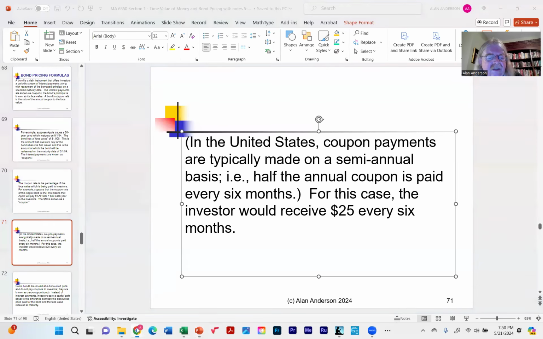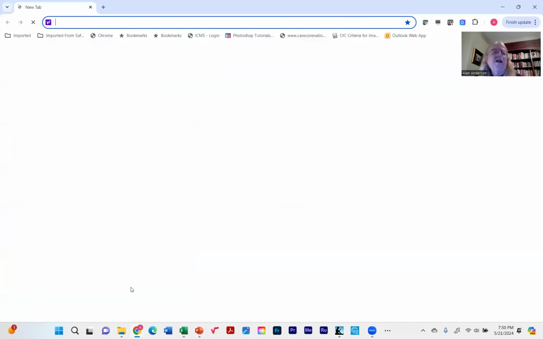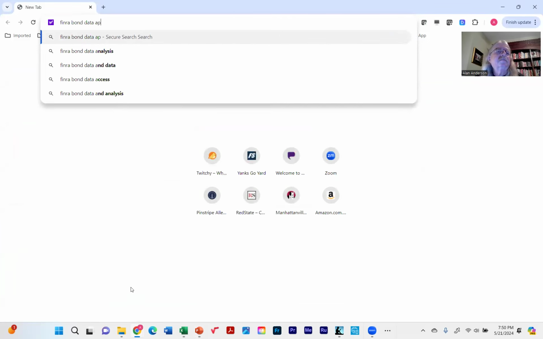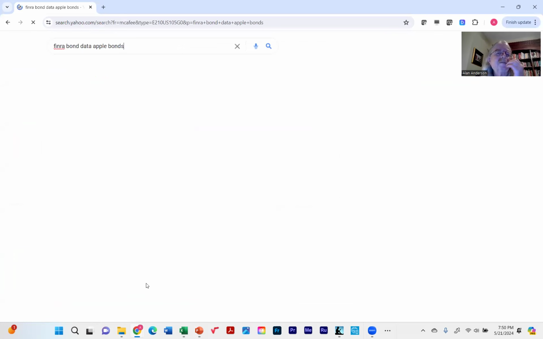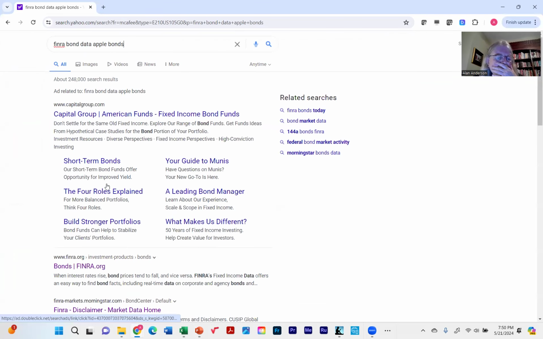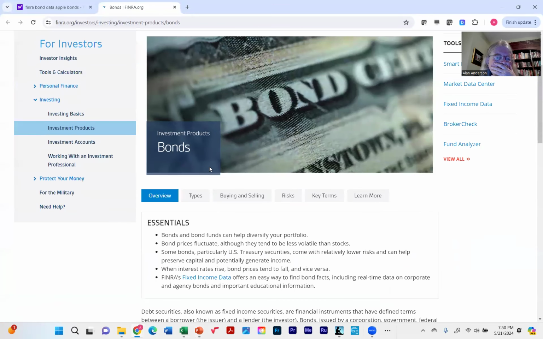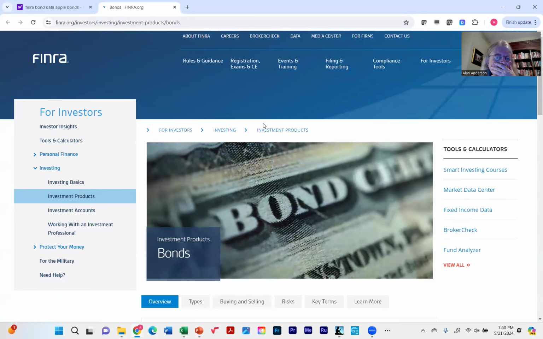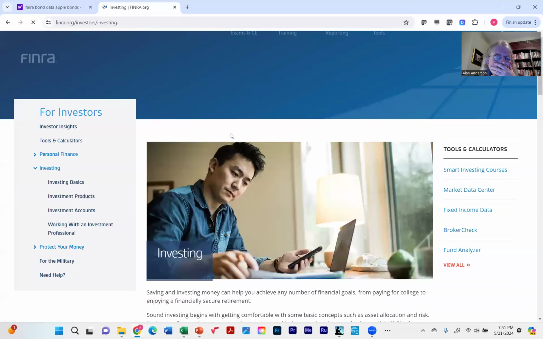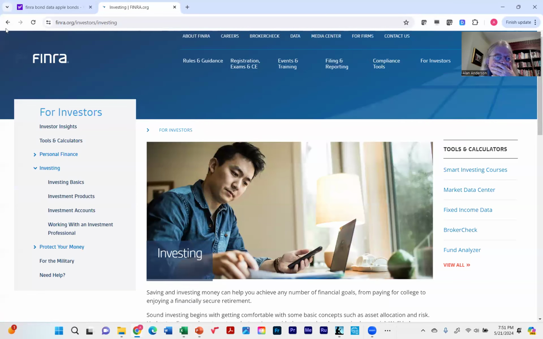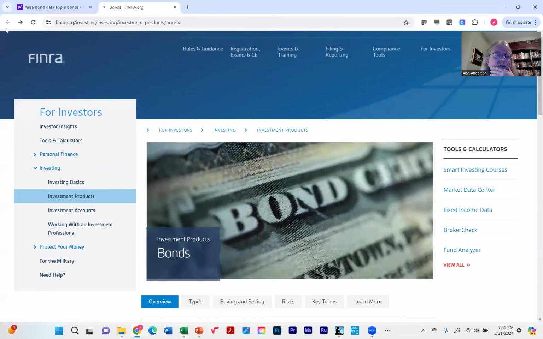So I guess, let me just try something here. I think I know where I can find some examples of Apple bonds. I find that this website is very poorly laid out.